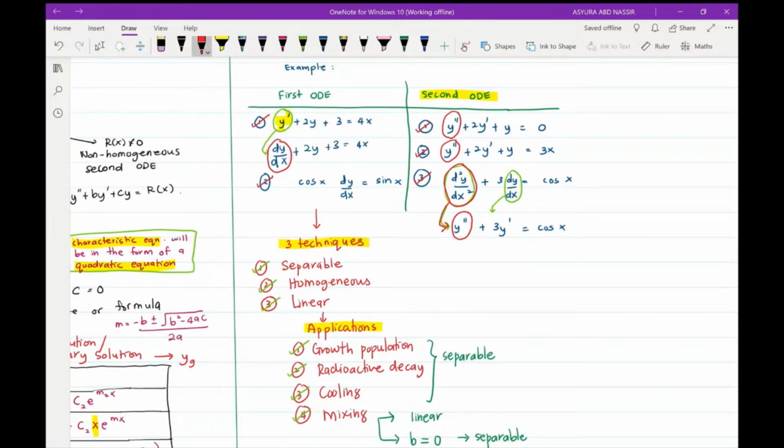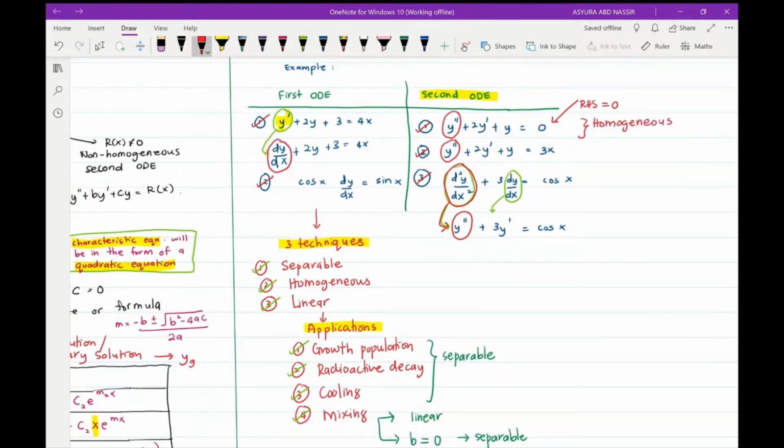For second order, in the first example your right hand side equals 0. If your right hand side equals 0, then we call it a homogeneous second order ODE.